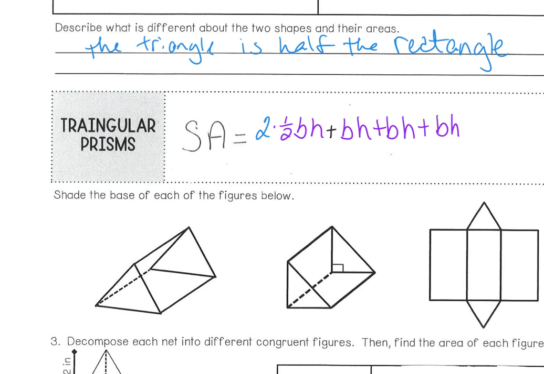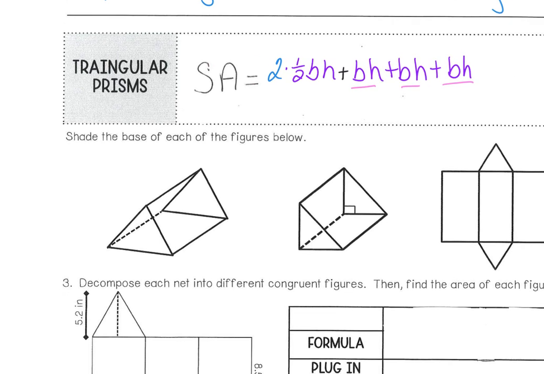Okay, now these 3, I did put them all the same color, but those 3 things can be 3 different sizes. So we'll look at doing that. All right, so we're going to shade each of these the bases. Now the base is always whatever the shape that has changed. So the base here is not the bottom, just because it's sitting there.